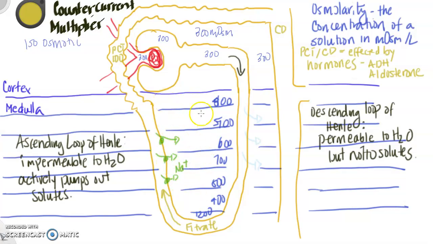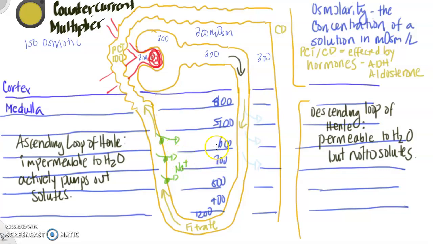So this area here, this weird, salty, crazy change in osmolarity down the medulla, that's called the countercurrent multiplier. And that changes the osmolarity of the filtrate as it comes down the descending limb and as it goes up the ascending limb.